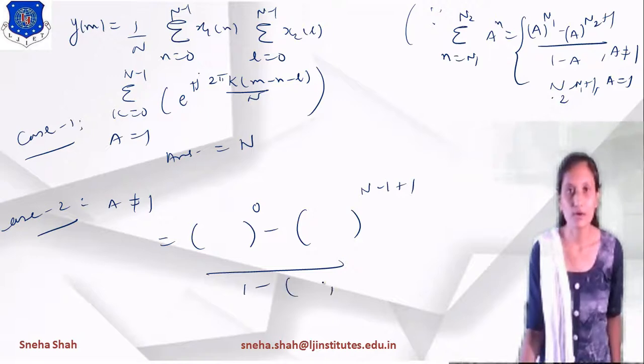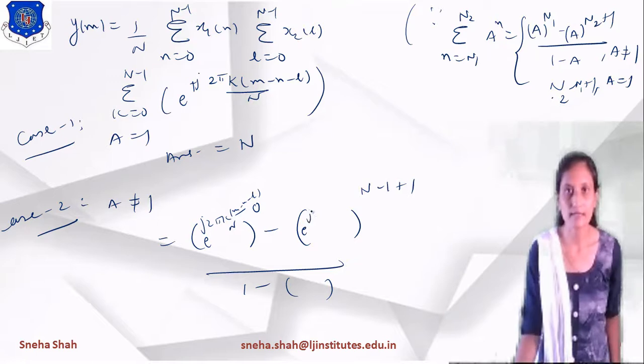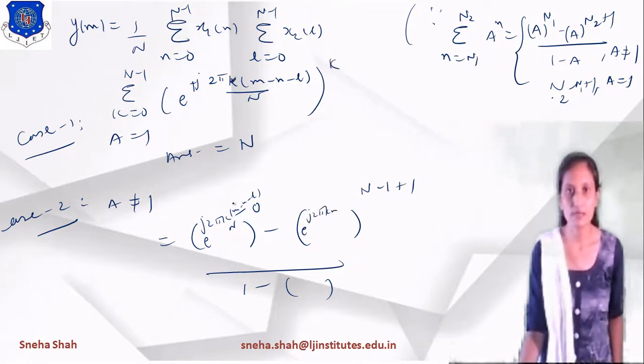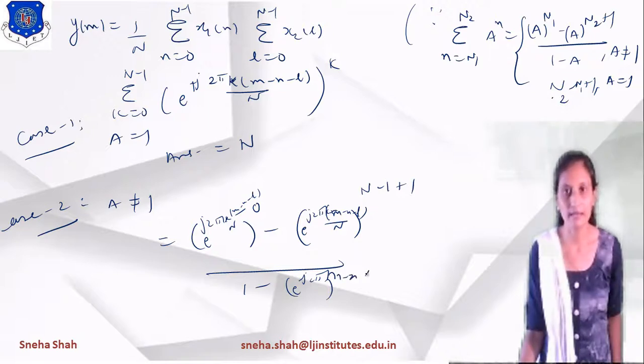Now if I am putting in the value of a as e raised to j 2 pi k (m minus n minus l) upon N, here also k will go over here. So the term will be like e raised to j 2 pi (m minus n minus l) upon N, e raised to minus j 2 pi (m minus n minus l) divided by N, right?